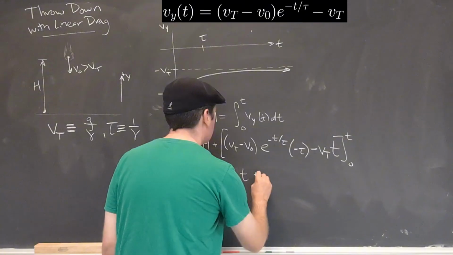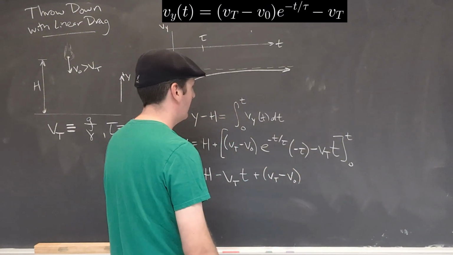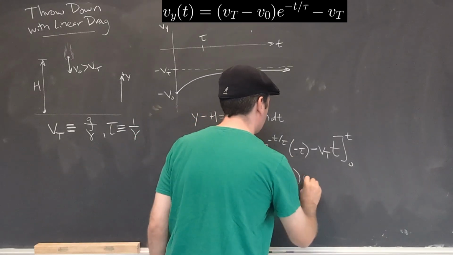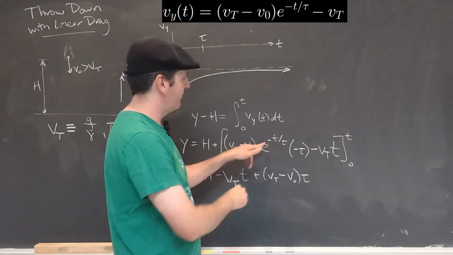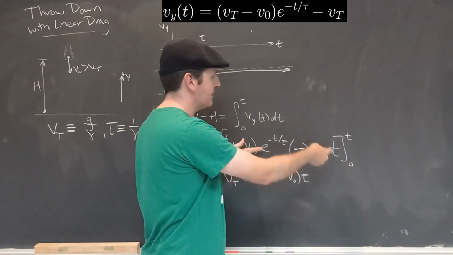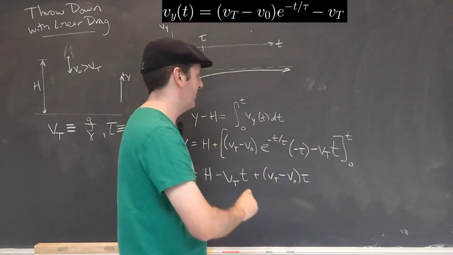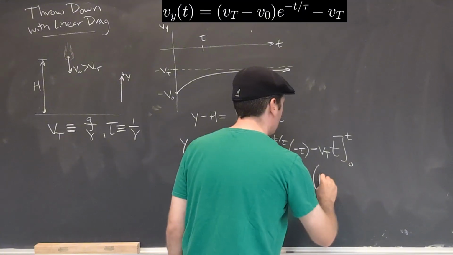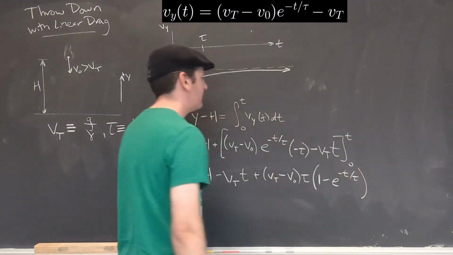So that'll be, let's see, vt minus v naught. There's a tau here. And then the minus sign I'm kind of going to fold in here because I'll have e to the minus t and then minus e to the 0. So e to something minus 1. I'm going to use the minus to flip those. So this will be 1 minus e to the minus t over tau.